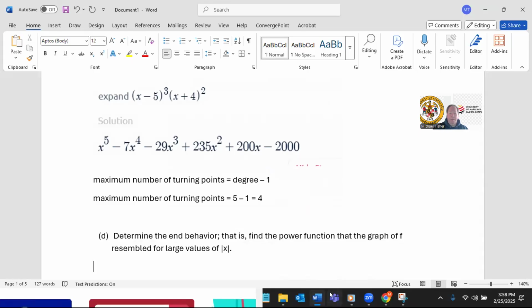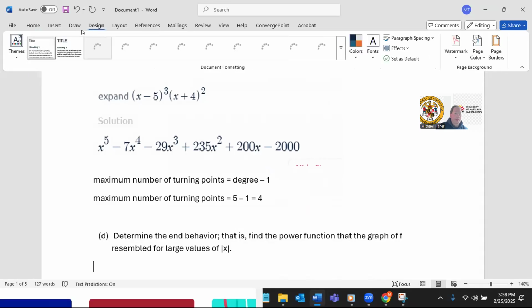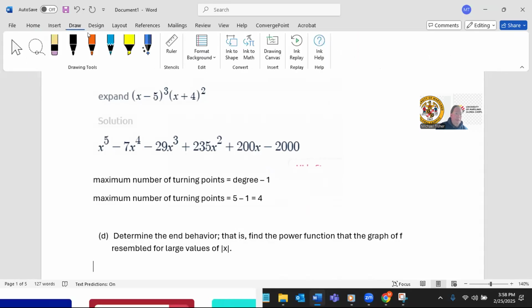To see that, we want to get the power function, which is going to be the resulting polynomial without the parentheses, but just the leading term, which is x to the 5. Okay, so the power function is x to the 5.